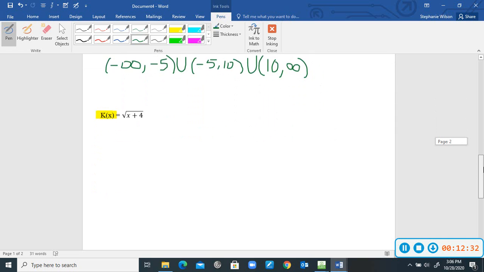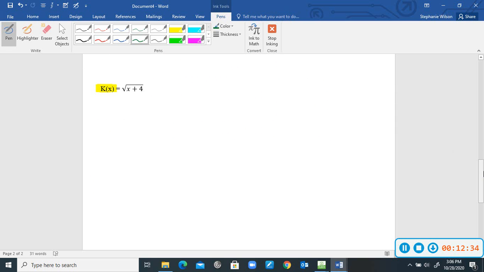Now, let's do our last one. Our last one says we have k of x is equal to the square root of x plus 4. A little side note. If you're taking an odd root, and when I say odd root, we got like cube root, fifth root, then my domain is all real numbers.